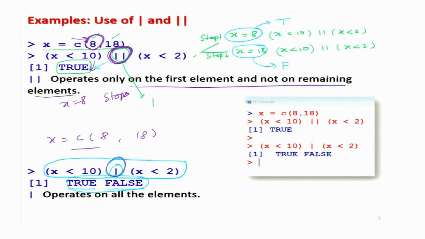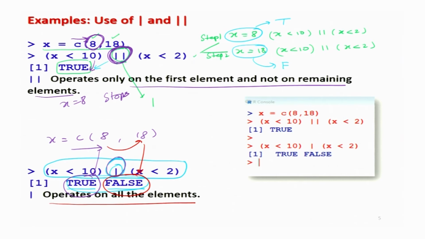It comes first to this 8 and finds the answer true, and then R moves further to the next value in the data vector and reports a false. So, this single vertical line operates on all the elements in the data vector, and that is the difference between using the single line and double line.